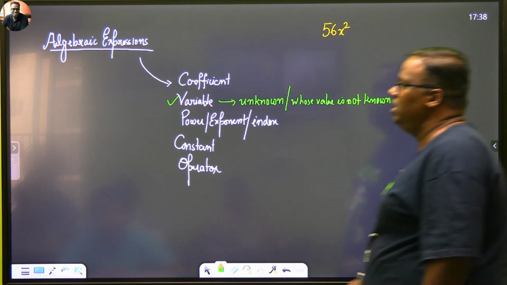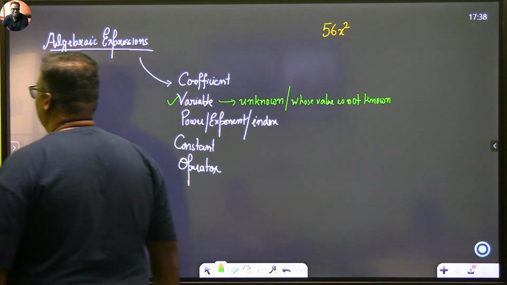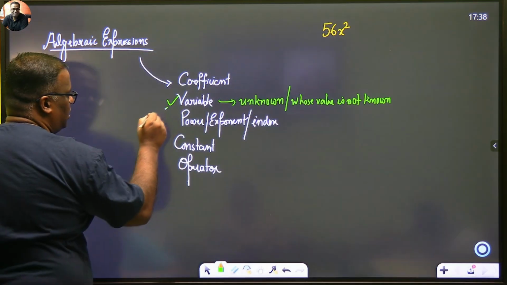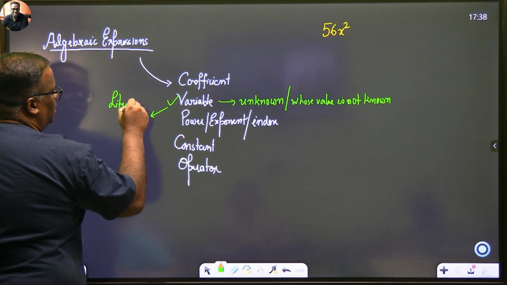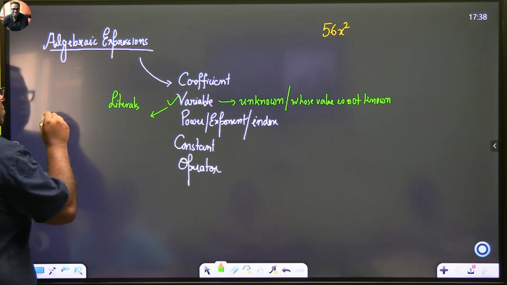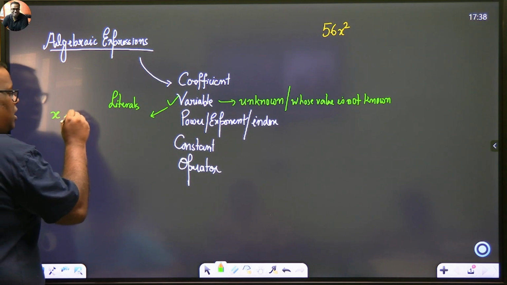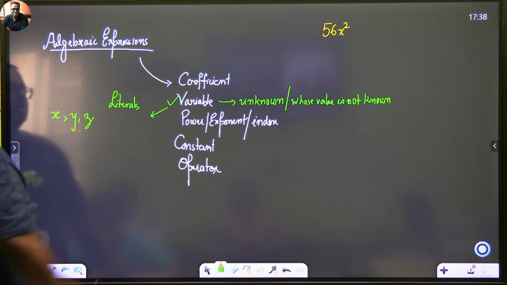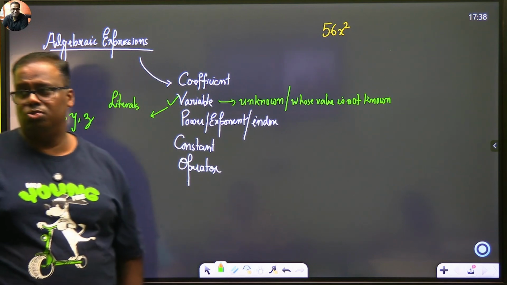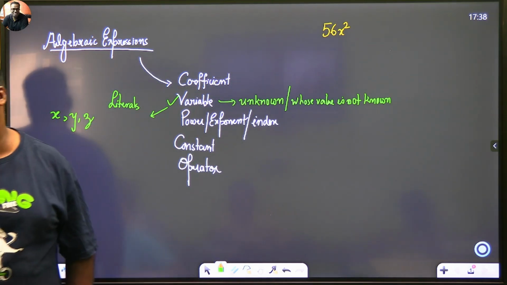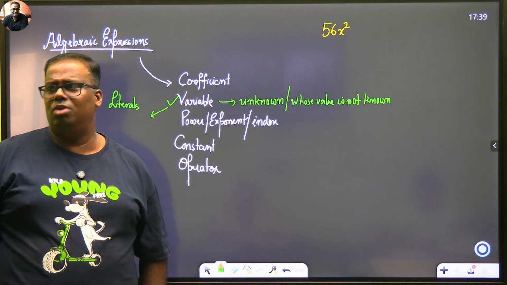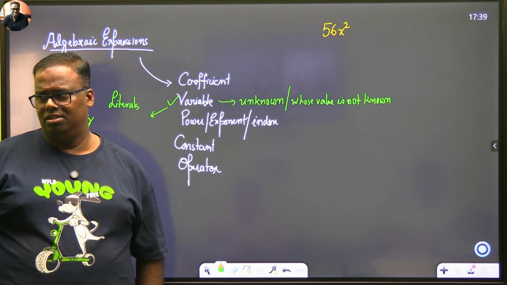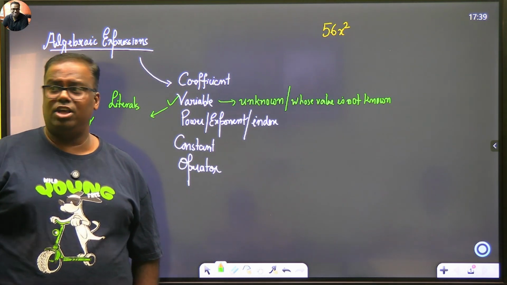So usually variables are represented by literals, or English alphabet letters. The most common variables people use are x, y, and since I have a desi student, I call it Z. You all are hi-fi students, you all call it Z. So it's the same thing. We come from the village, so we call it Z, X, Y, Z.